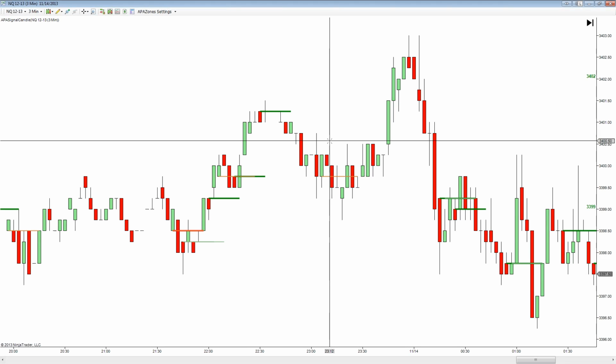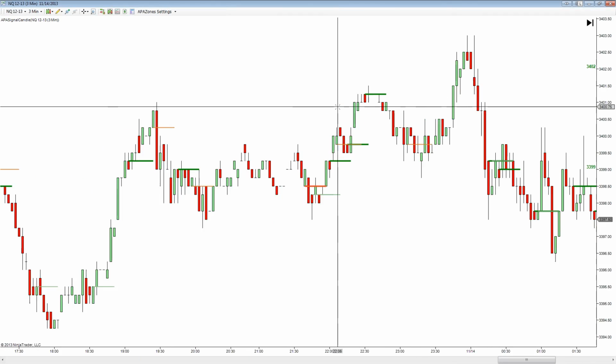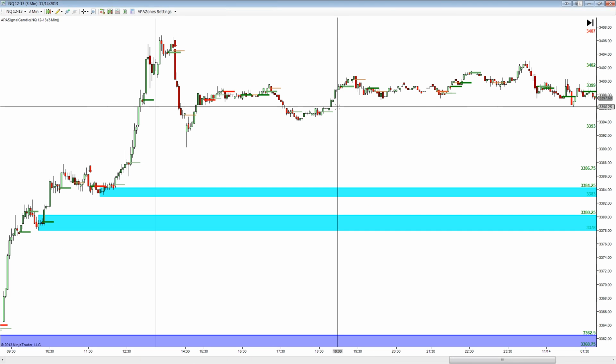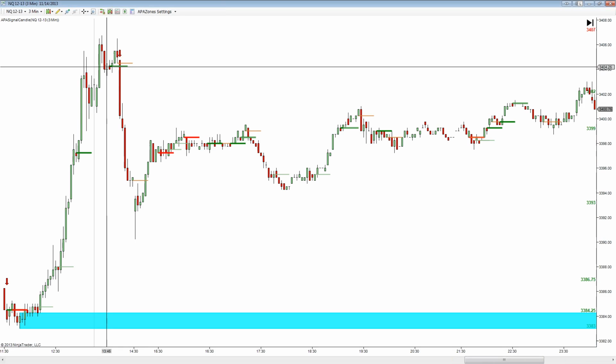So if you guys have any questions, oh, I almost forgot to explain something. You guys might see some arrows pop up here. Like, you see this big arrow right here?